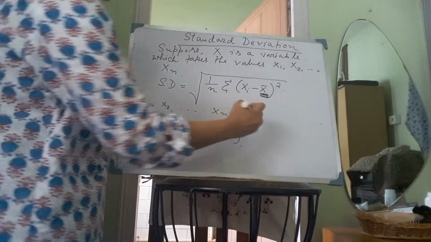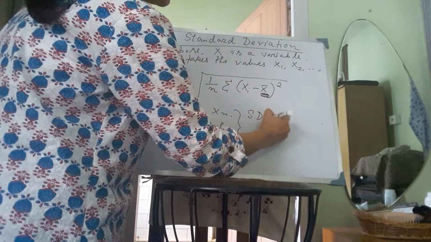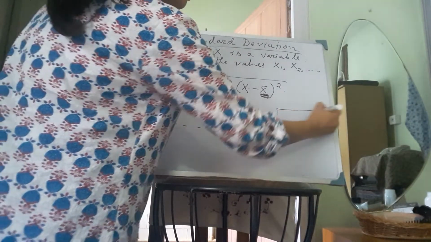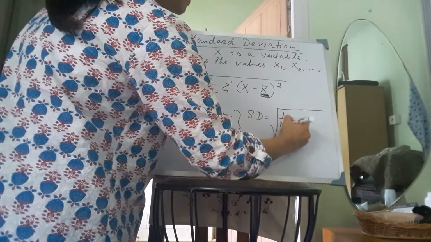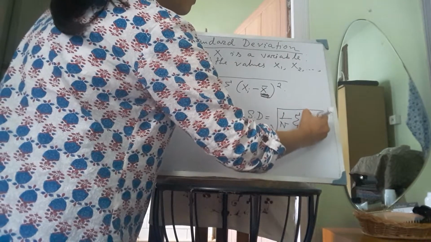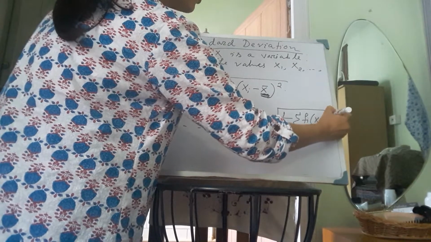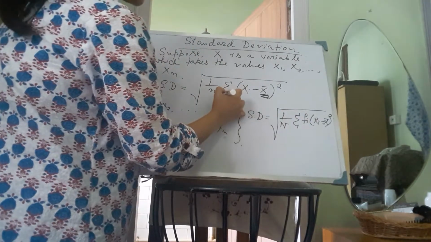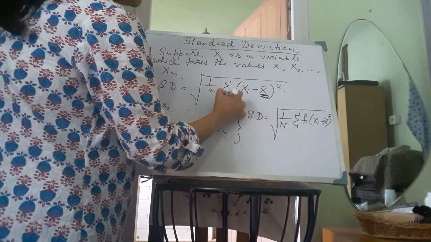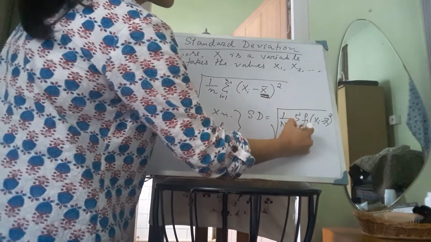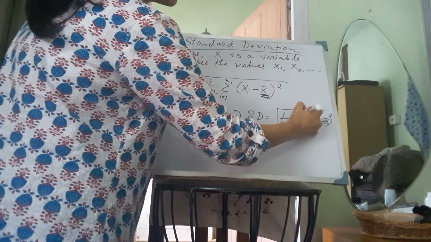In that case, the formula for standard deviation is under root of 1 by capital N summation of fi into xi minus x bar whole square, and in both cases i is from 1 to n.